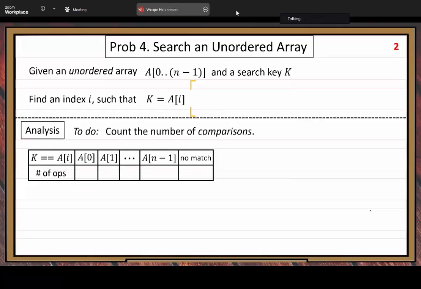The number of comparisons is easy to see. When K equals the first element, one comparison; the second element, two comparisons; and so on. When K equals the last element, n comparisons. The no match case also takes n comparisons.